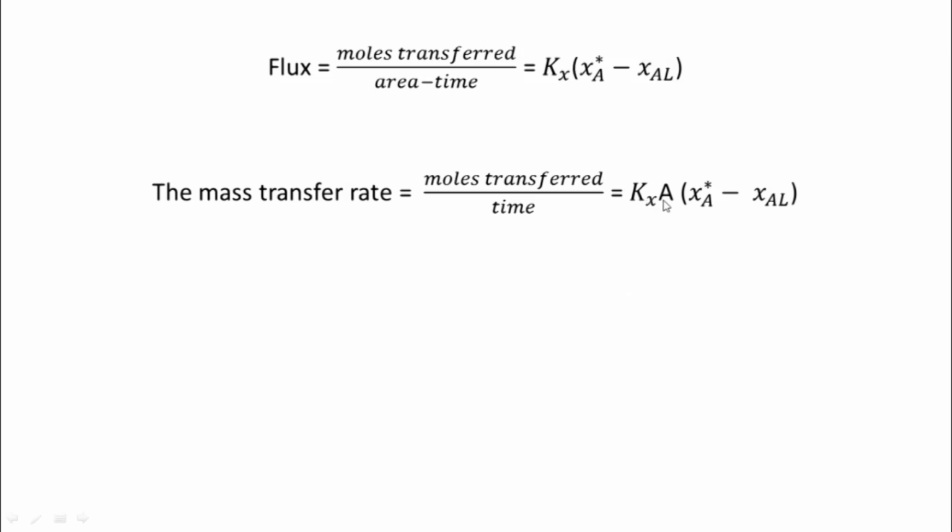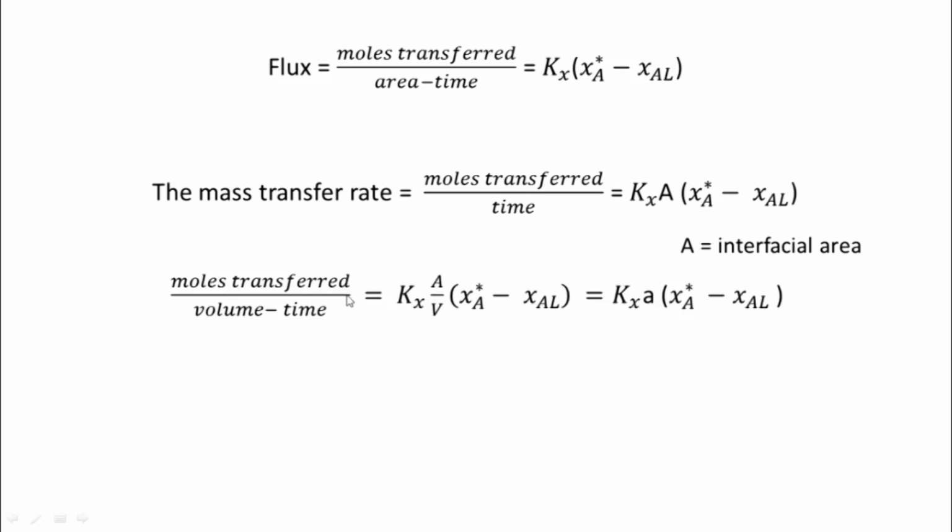So, Kx times A, interfacial area, times Xa star minus XAL, and therefore the moles transferred per unit volume, these are measurable. Interfacial areas are not so easily measurable. Per unit volume per time is Kx A by V times Xa star minus XAL, and the total interfacial area per unit volume is given the symbol a, so the rate equals Kxa times Xa star minus XAL.